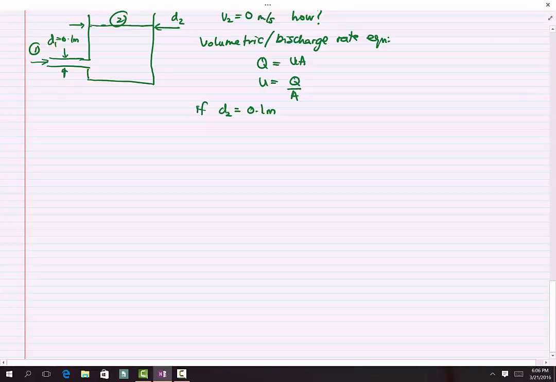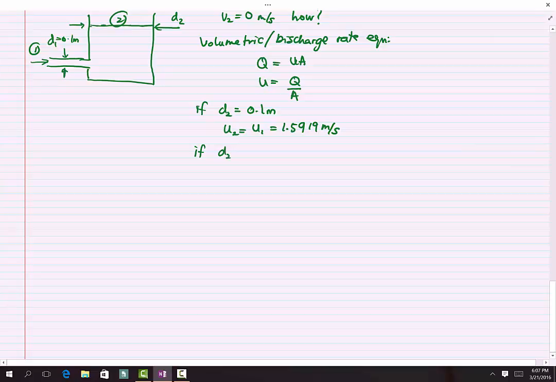The velocity at point 2 is equal to velocity at point 1, because it has the same diameter, which is equal to 1.5919 meter per second. But what about the tank with a diameter of 2 meter?